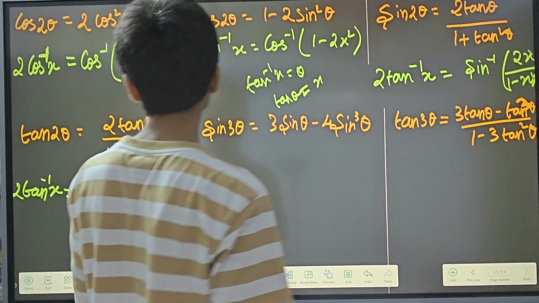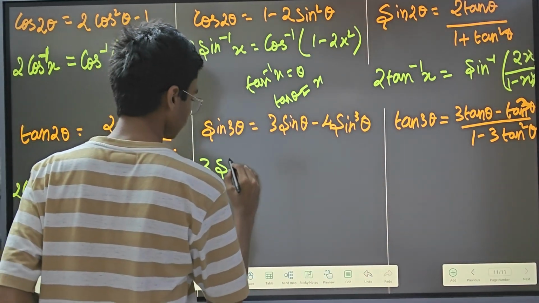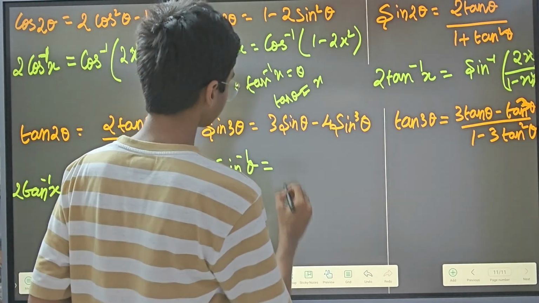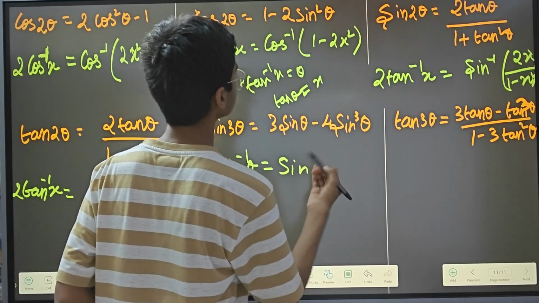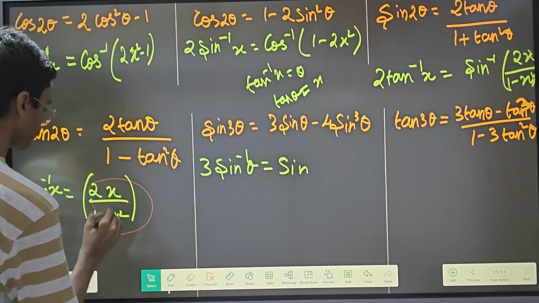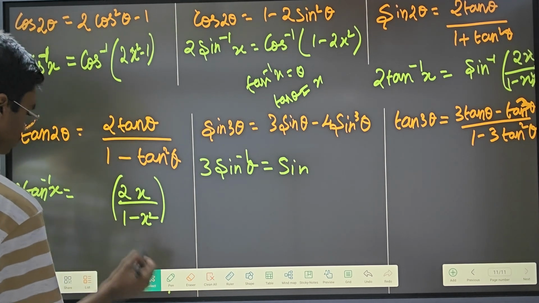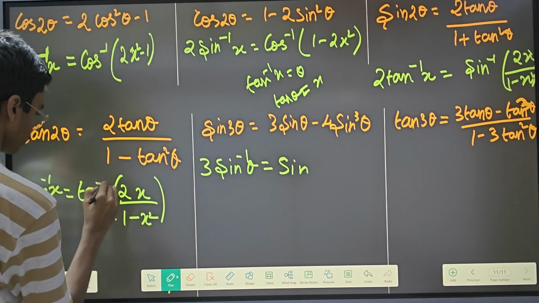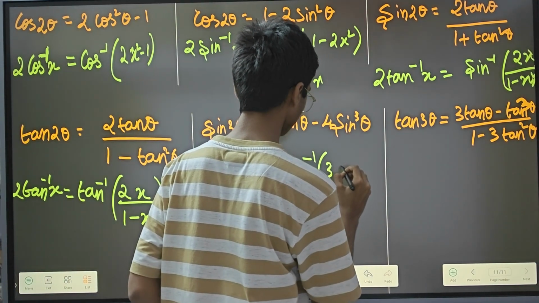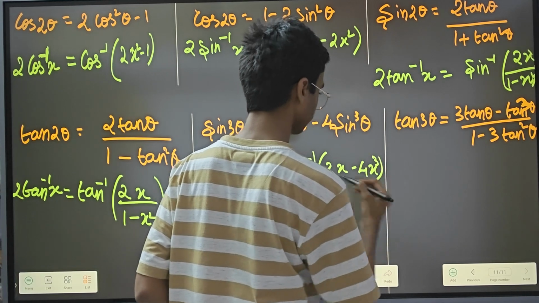Here you are going to take 3 sine inverse theta is equal to sine inverse of 3x minus 4x cubed.